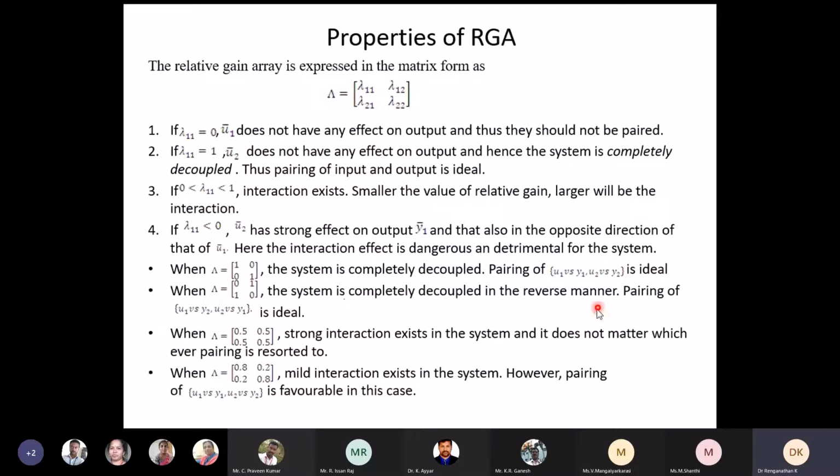Similarly, when we take it in the reverse direction, it is decoupled in the reverse manner, which is again called an ideal condition. And obviously, when it is of 0.5 value, then we consider that it has a strong interaction, and it does not matter for even pairing.